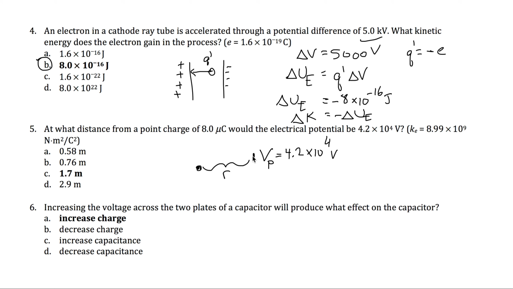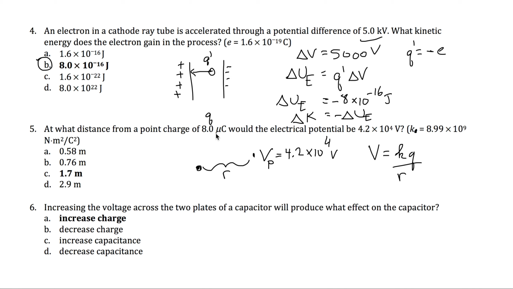The potential at that point is due to this charge, and the equation that gives us the potential due to just a point charge is kq over r. So we plug in k, Coulomb's constant, and the charge q is 8 microcoulombs.